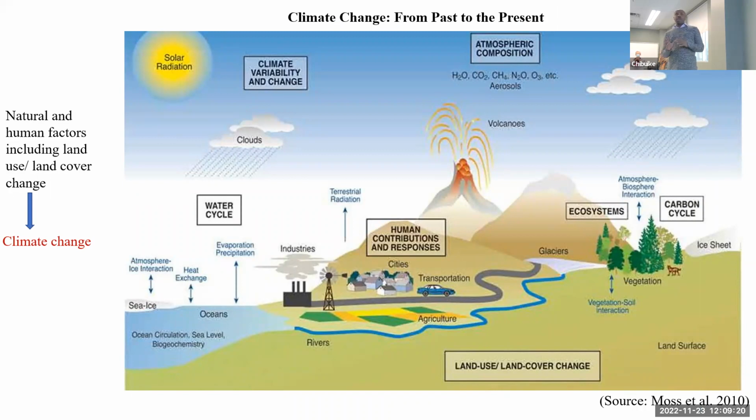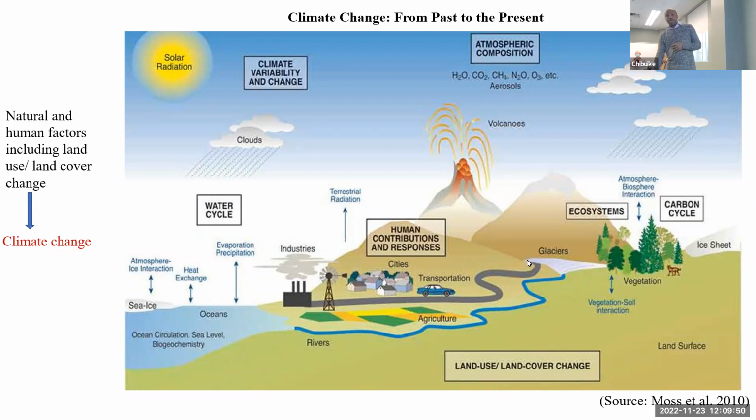Now, when we talk about climate change, like I said, there are different drivers. People tend to focus on emissions, carbon emissions, and propose solutions to that, maybe through tree planting, through having more forests, and also through city management, vehicular management, trying to curb the burning of fossil fuels.